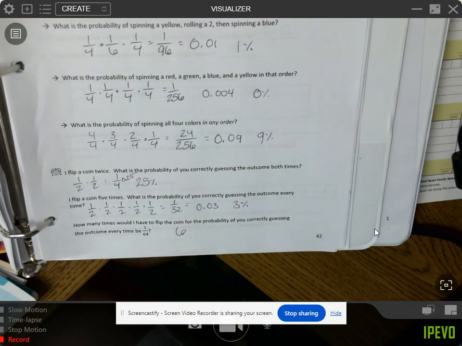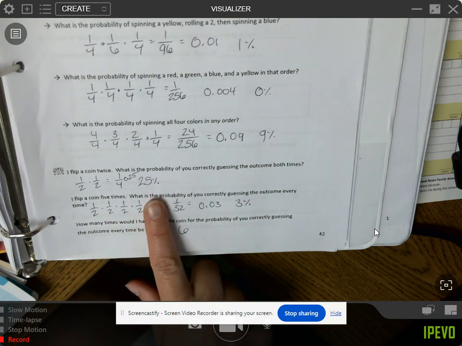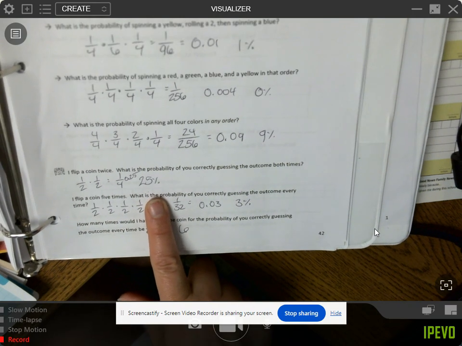What was your question, Ava? I know I got it wrong, but whenever I multiplied it, I got 1 over 16. I don't know how I got that. So, do you have 5 listed or 4?